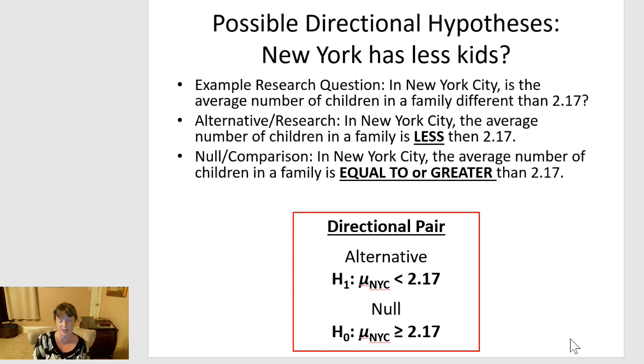That is her comparison, and it becomes her null hypothesis because of what she was originally interested in: that the average is going to be less than 2.17, the known population average across the US. And you can use this approach for any research question. You can drop any research question into this sort of model and test it, which makes this a really powerful approach.